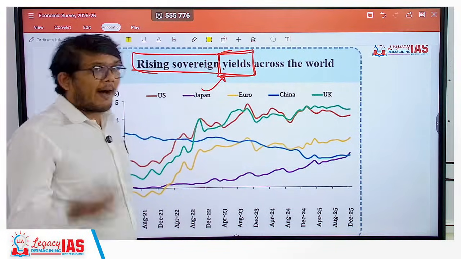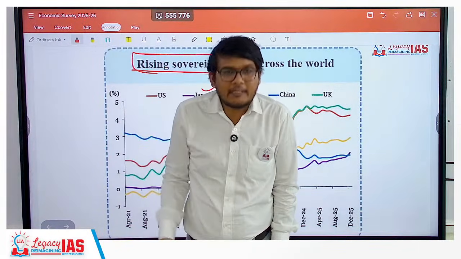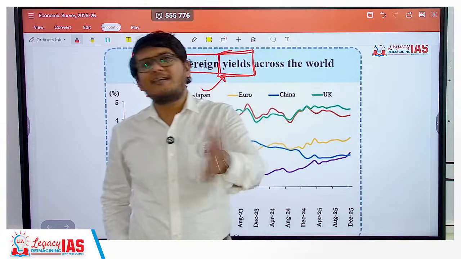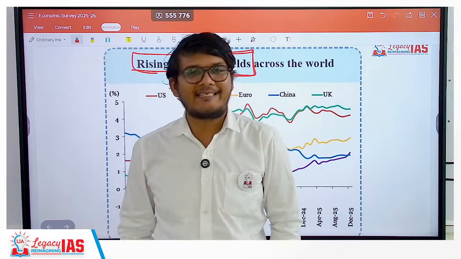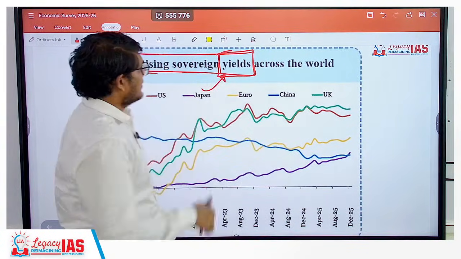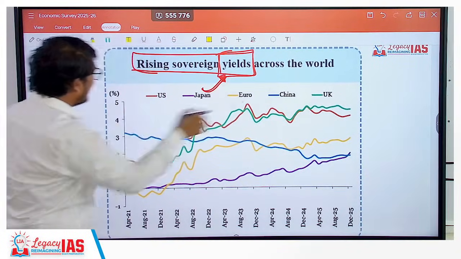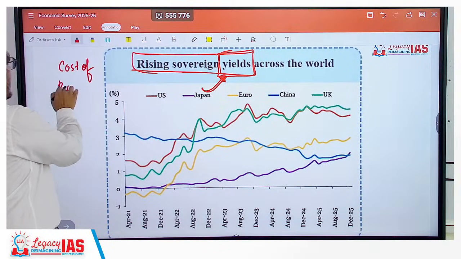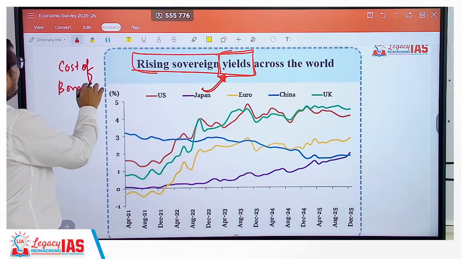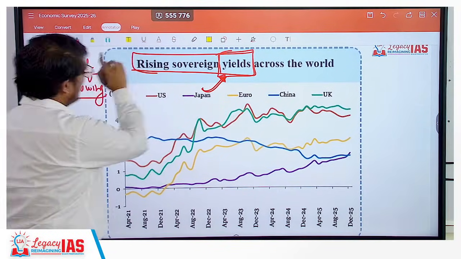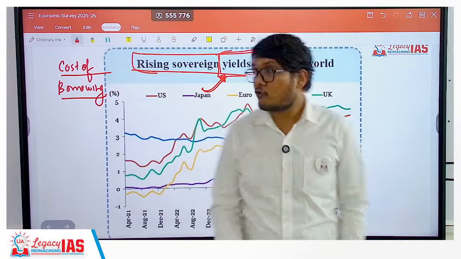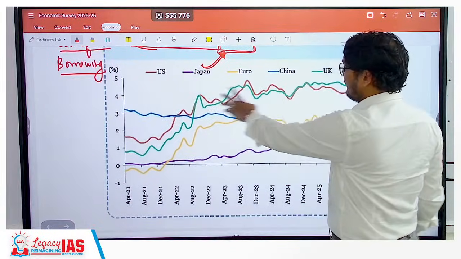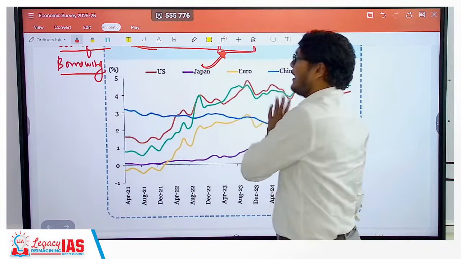Now if you are a buyer of the bond, you will feel that it's a good thing. If I invest in bond, I'm going to get more return. But for the government, that's not a good thing, in the sense that since the yield on the bond has increased, that means the cost of borrowing has increased for the governments around the world. Right? So cost of borrowing has increased for the countries around the world, which is quite prevalent in this particular line diagram.